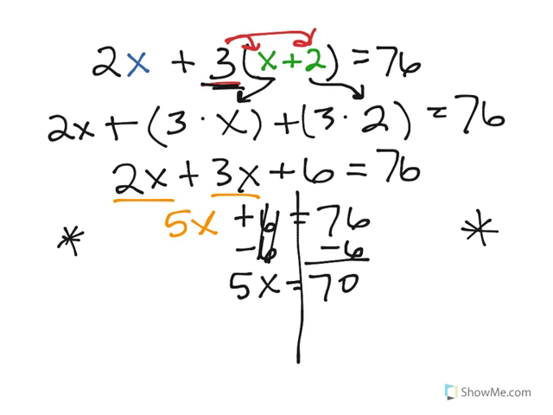Using the law of reciprocals, it says that we should multiply both sides by the reciprocal of 5 so that we can get x alone. Multiplying both sides by the reciprocal is the same as dividing both sides by 5. 5 divided by 5 equals 1, so we're left with just a single x. 70 divided by 5 is 14.